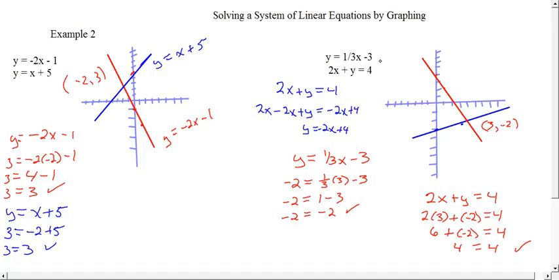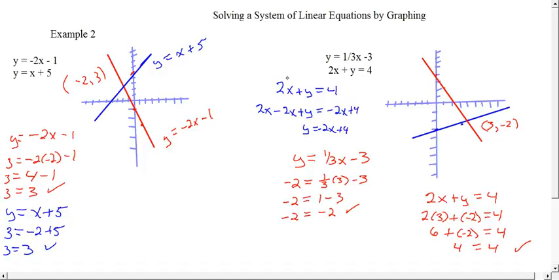So in order for us to graph these, we must transform both of them into slope-intercept form. The only thing we need to do is work with 2x plus y is equal to 4. And again, we've done this, so it's not anything complicated.